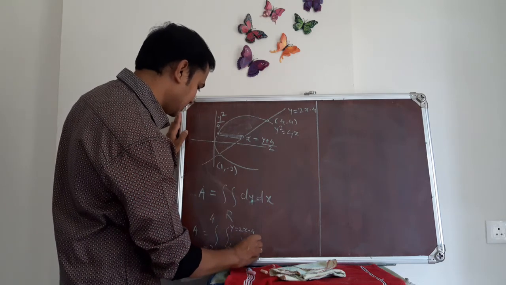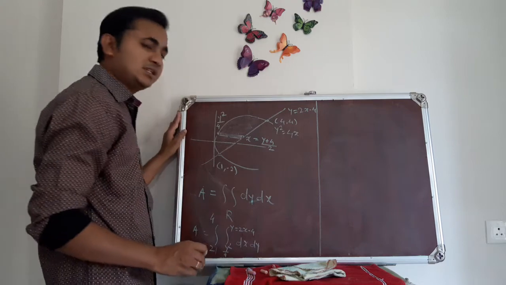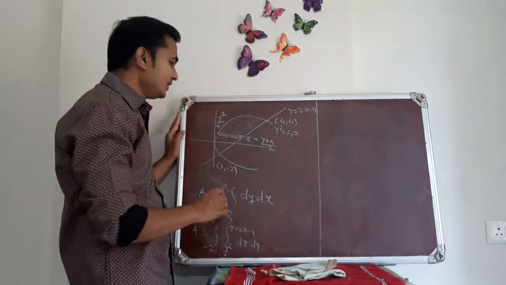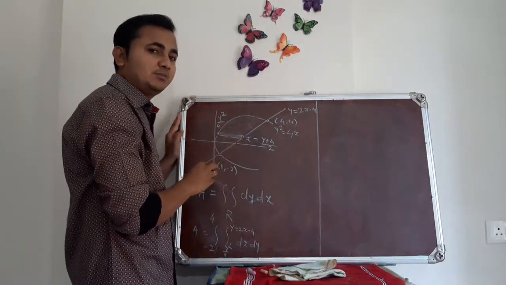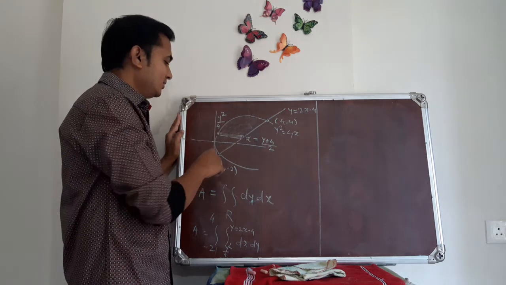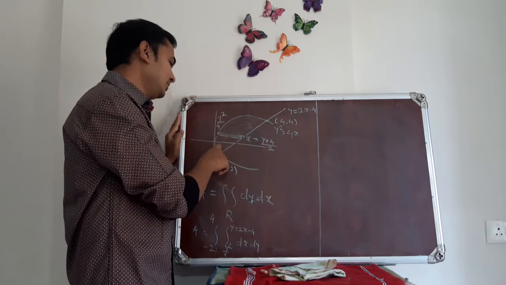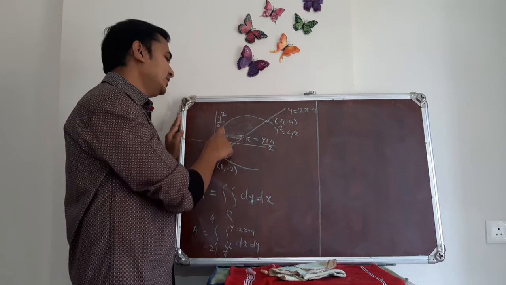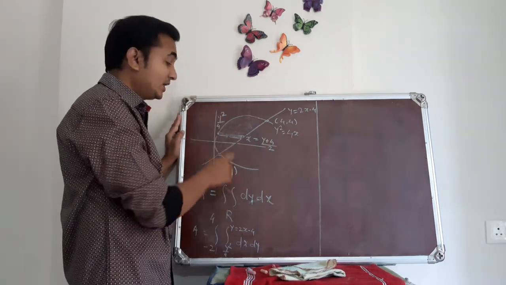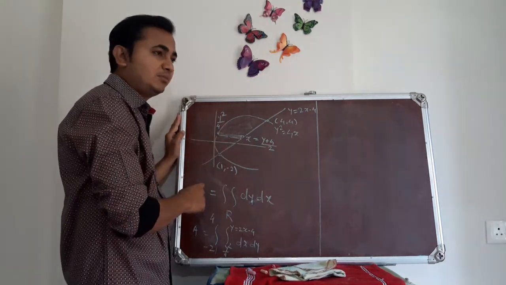Here it is dx dy. Please understand that I have not considered vertical strip, because with vertical strip there is a problem in the region, as it is divided into two parts. You can check this answer using vertical strip.